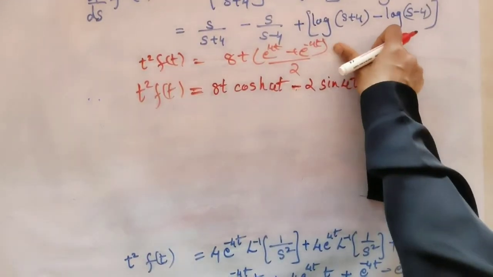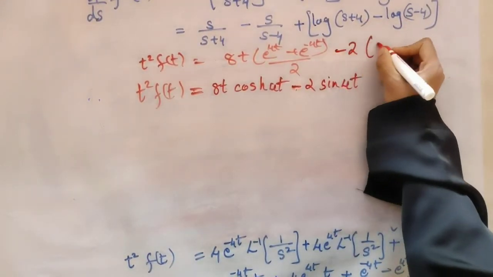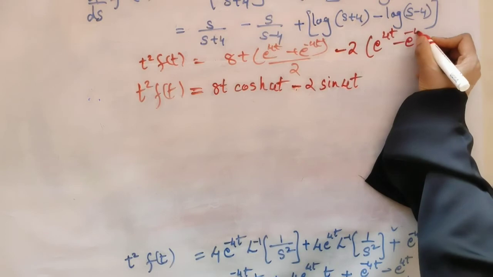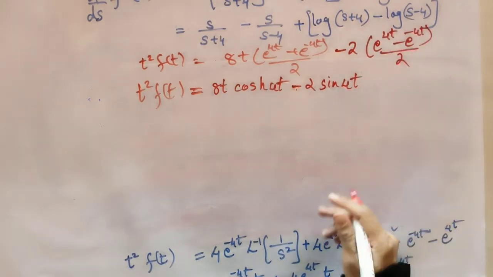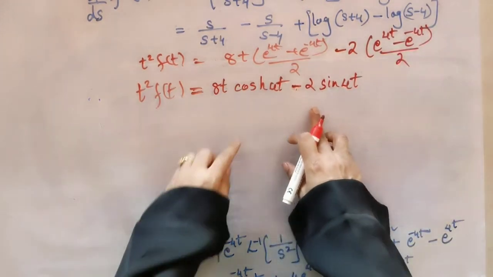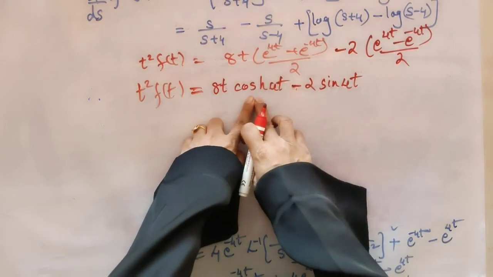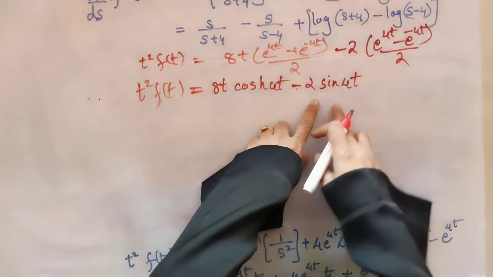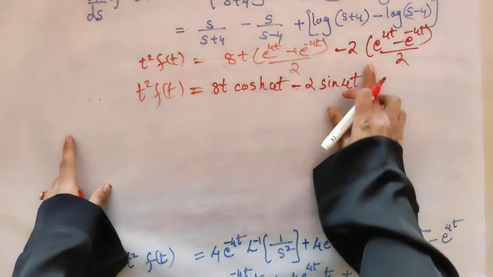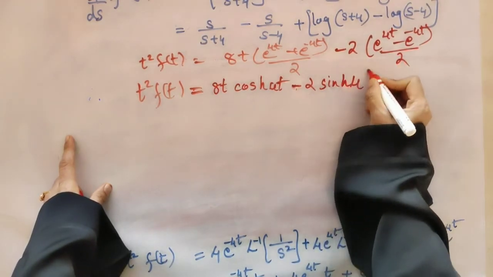So if I take minus 2 into e to power 4t minus e to power minus 4t divided by 2 you are left with. So this is nothing but what? I can change it as this to be cos hyperbolic 4t, this as 2 as it is, sine hyperbolic 4t. Okay.